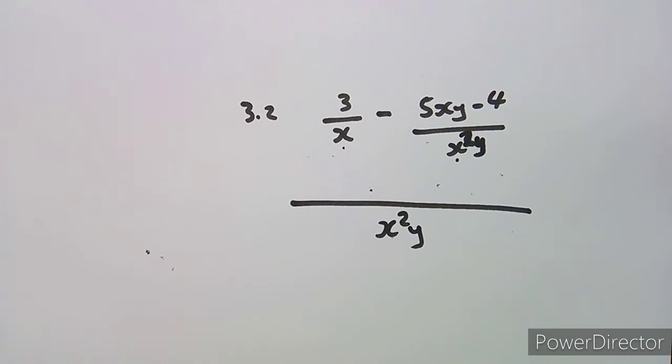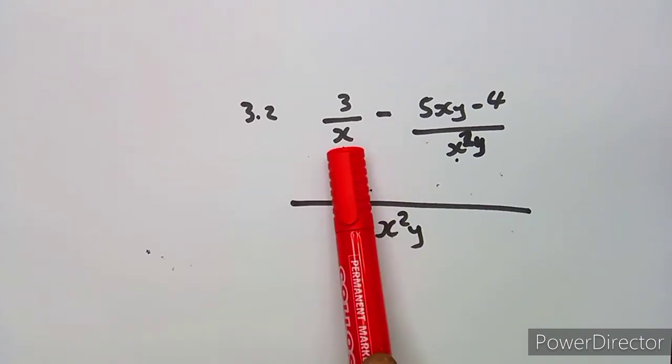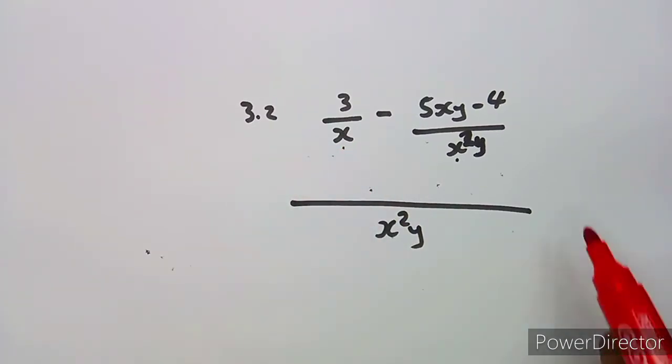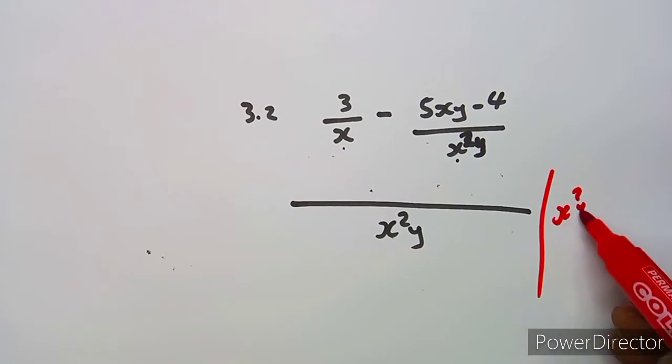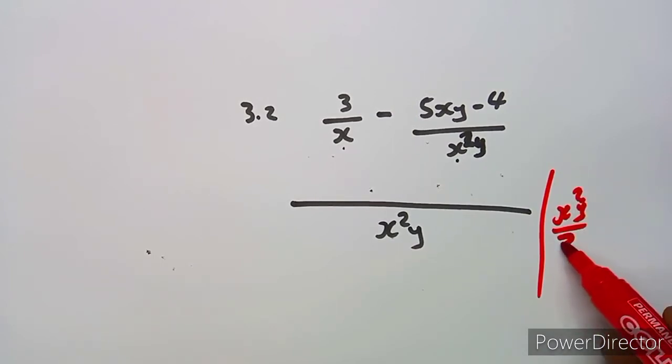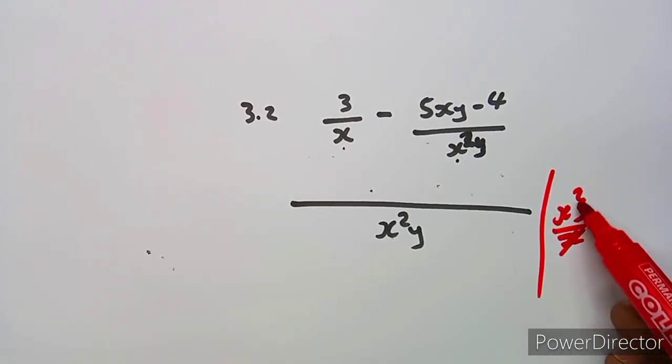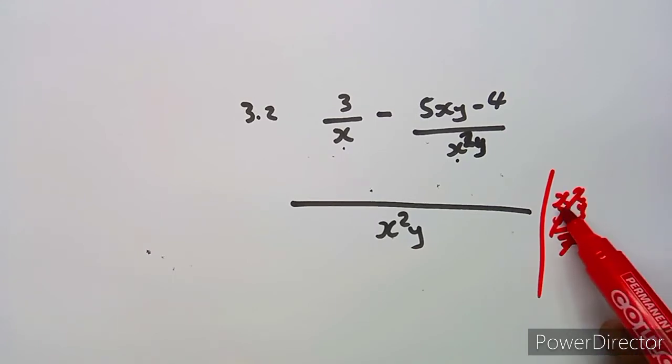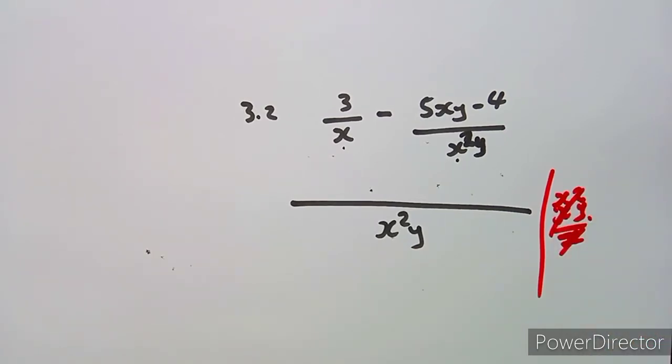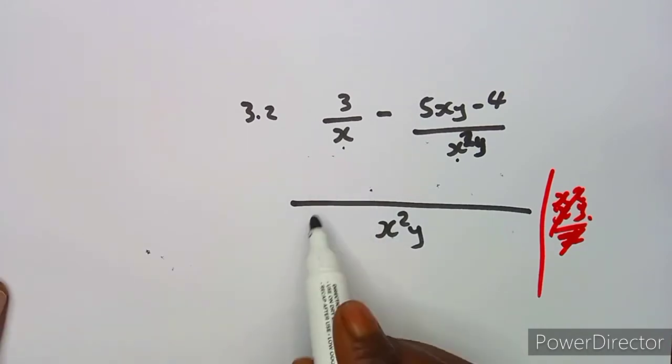So remember that you divide, guys, back your LCD here, divide by the denominator here. So it's actually like x squared y divide by x like this. So as you can see, x into x squared, you're going to remain with x. So it's going to be xy, which is to be multiplied by 3.